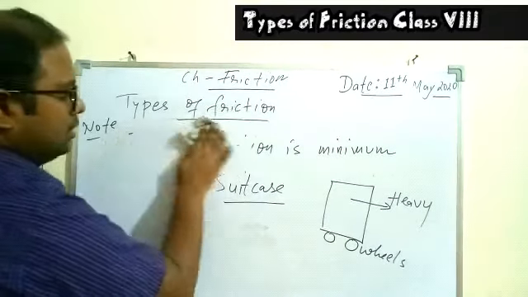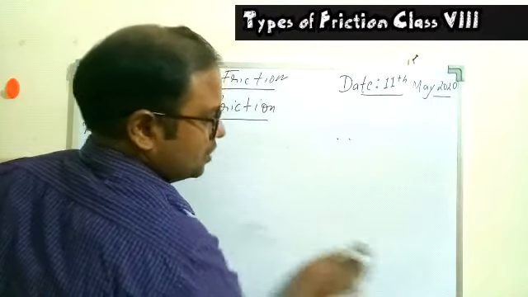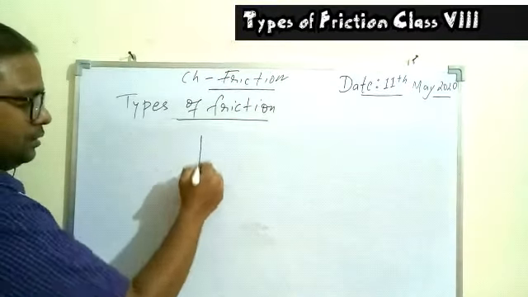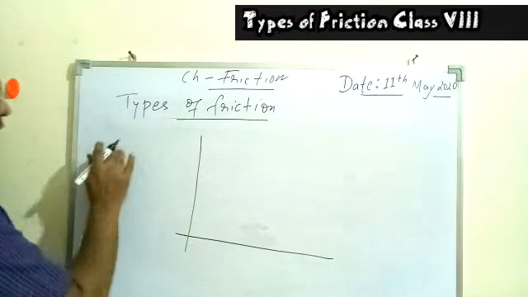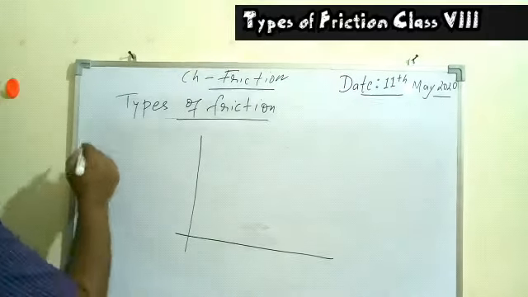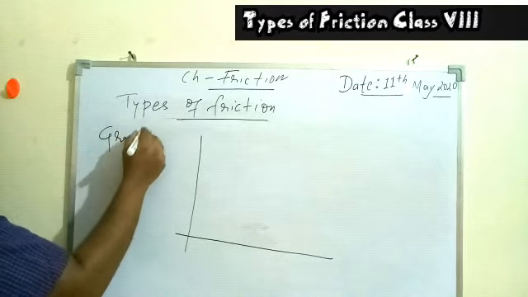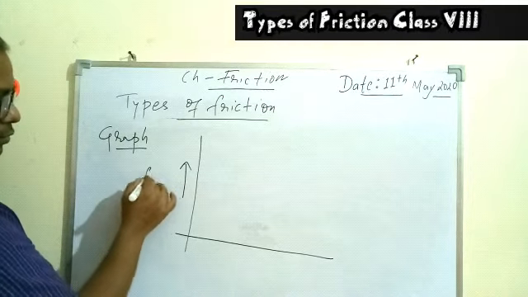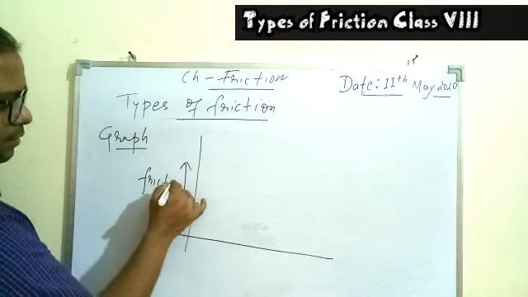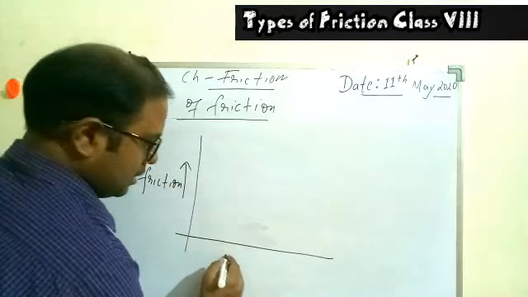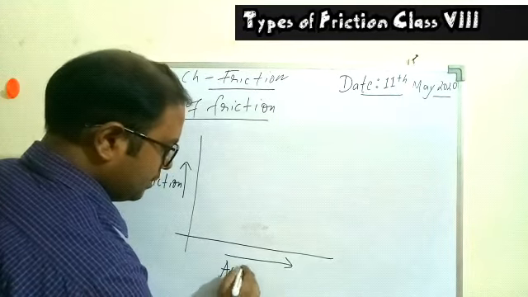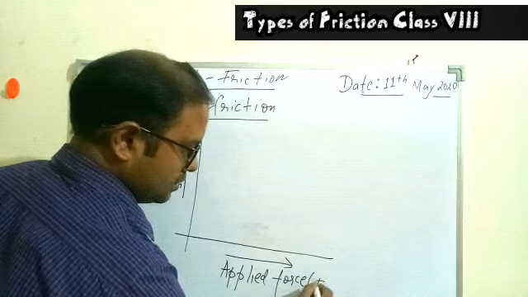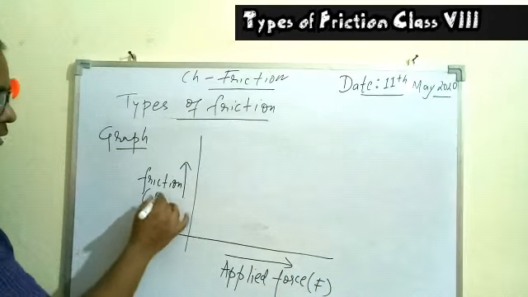So at the end, I just want to show you one graph between the static friction and the applied force. So this is the graph where on one side I am going to draw the friction, and on the other side the applied force. So this will be capital F, and this will be small f.